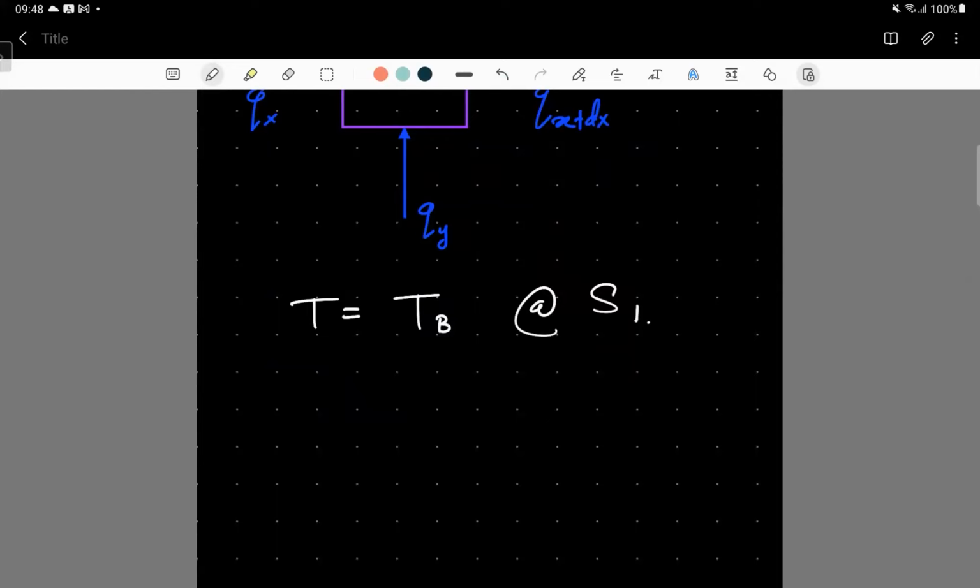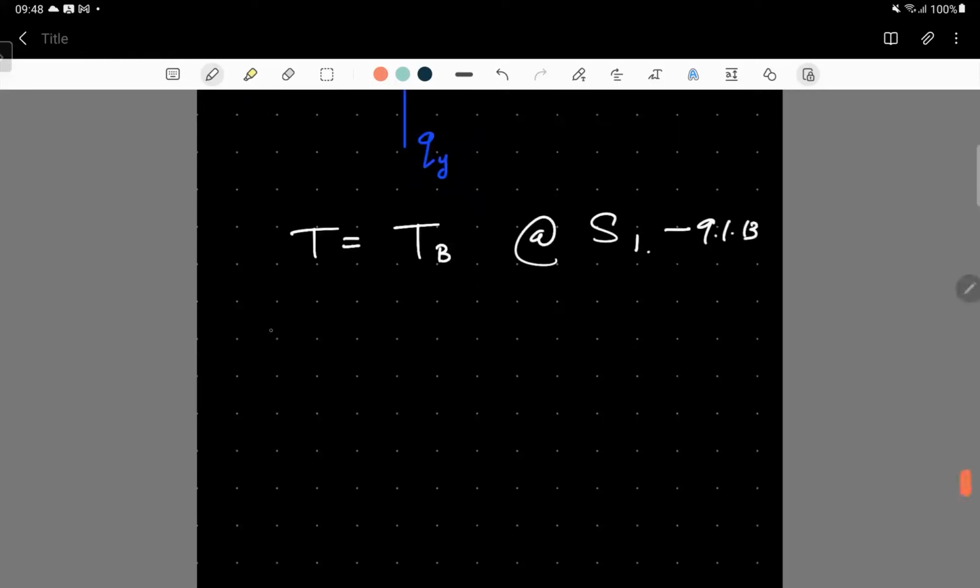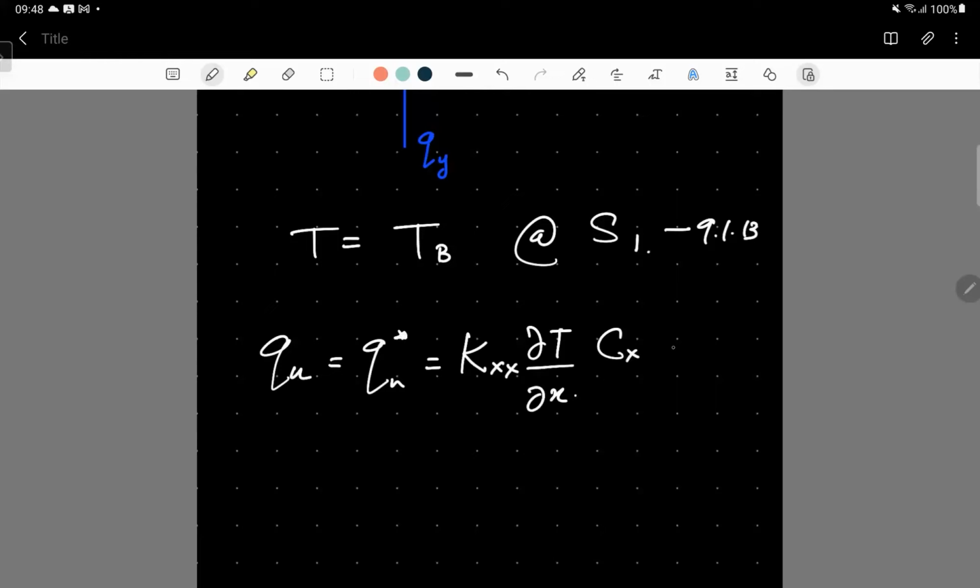Because here we define a temperature on a particular surface, on the other surface we define a heat flux. The heat flux on another surface can be written in this way with the help of directional cosines. I will let you know what we mean by this. This is a constant at surface 2.